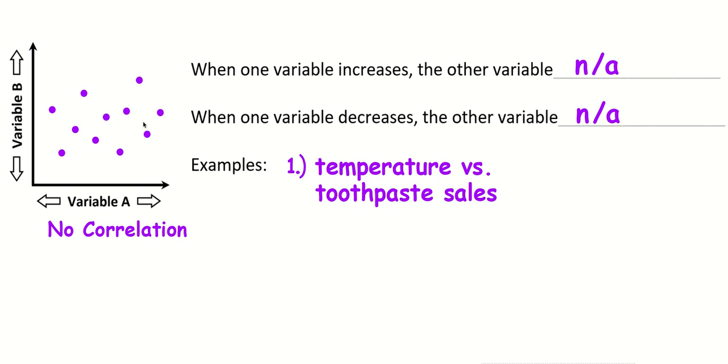No matter what the temperature is outside, for the most part, unless it's way too cold to even go outside to buy toothpaste, I would think most of the points would just about form a horizontal line, right? No matter what the temperature is, I think people are buying just about the same amount of toothpaste. I don't know.